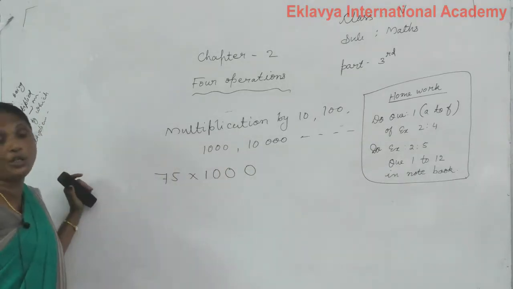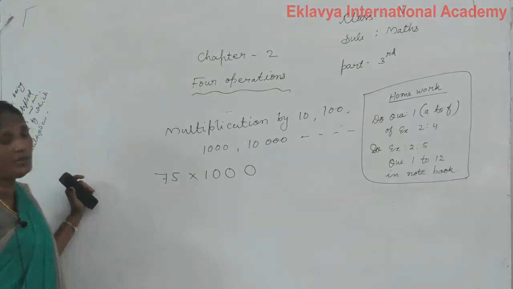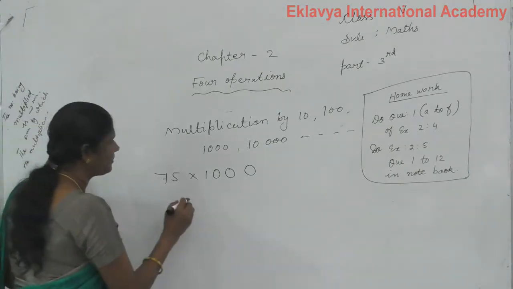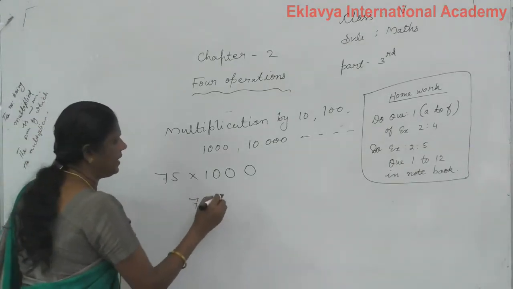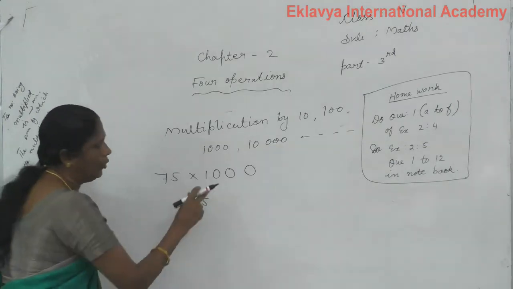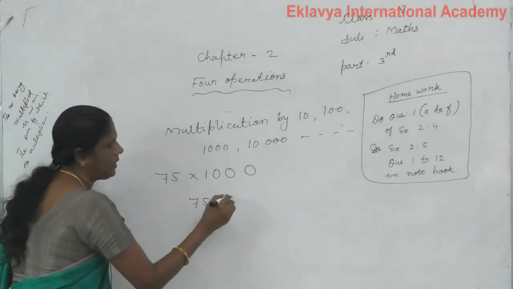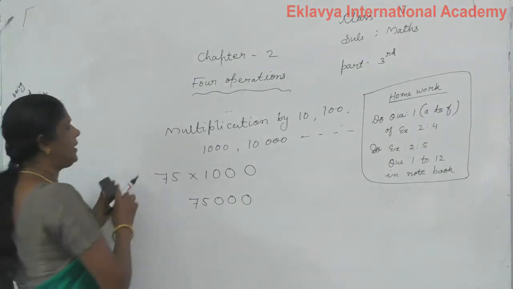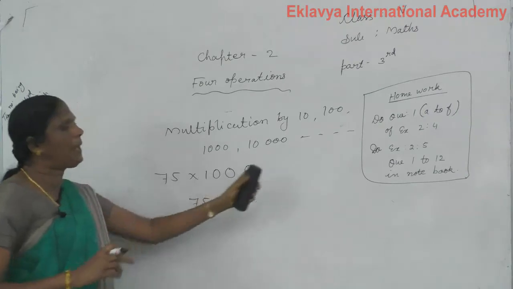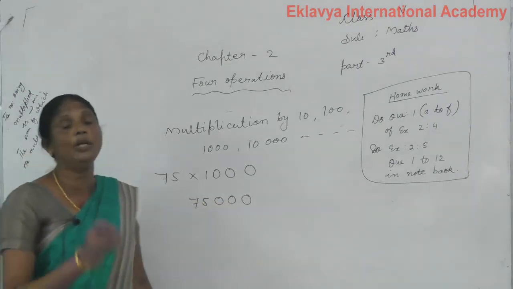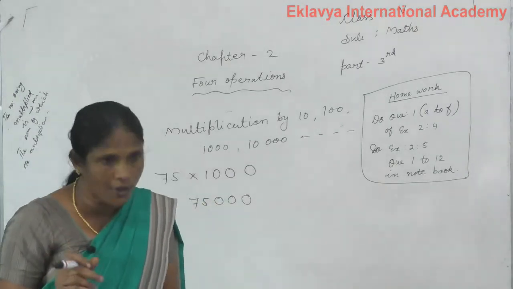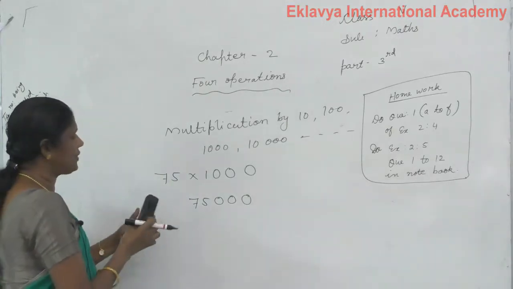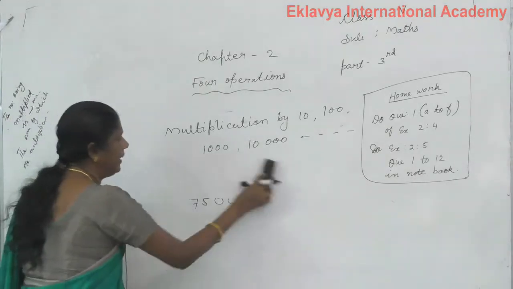How many zeros? 3 zeros. Then 75 multiply by 10,000. How many zeros? 4 zeros. Very good.